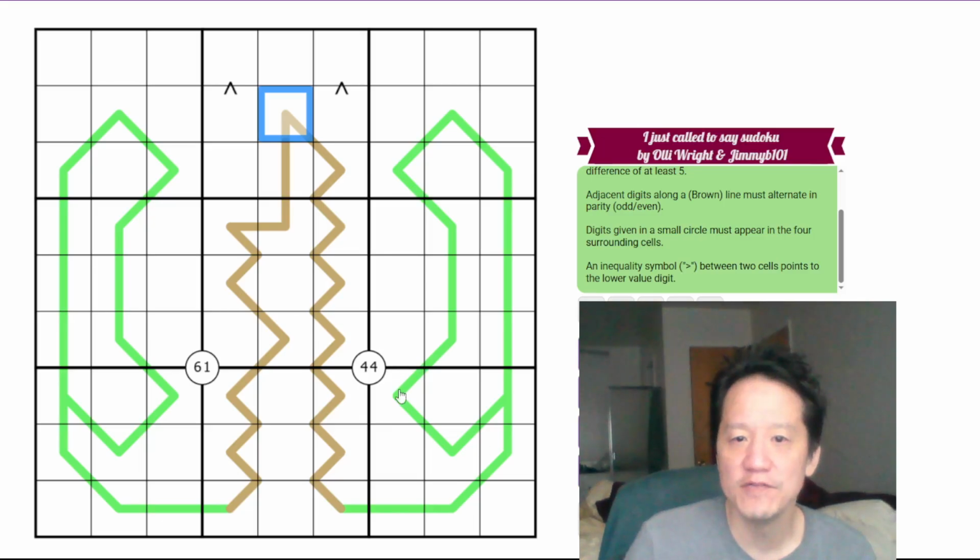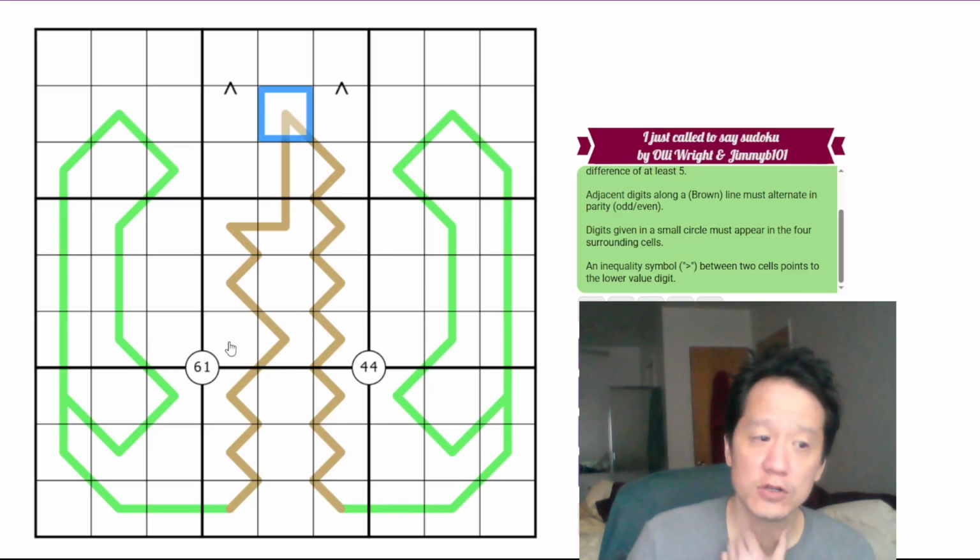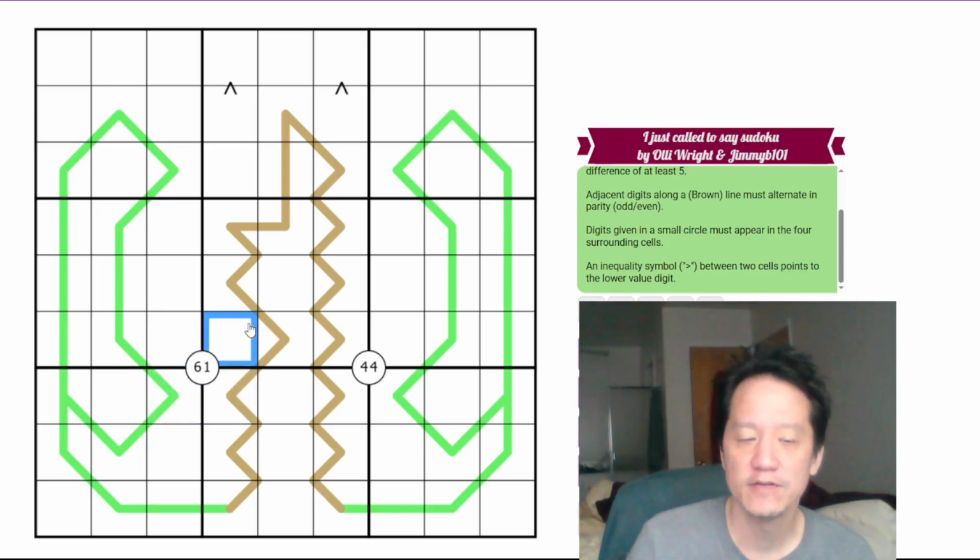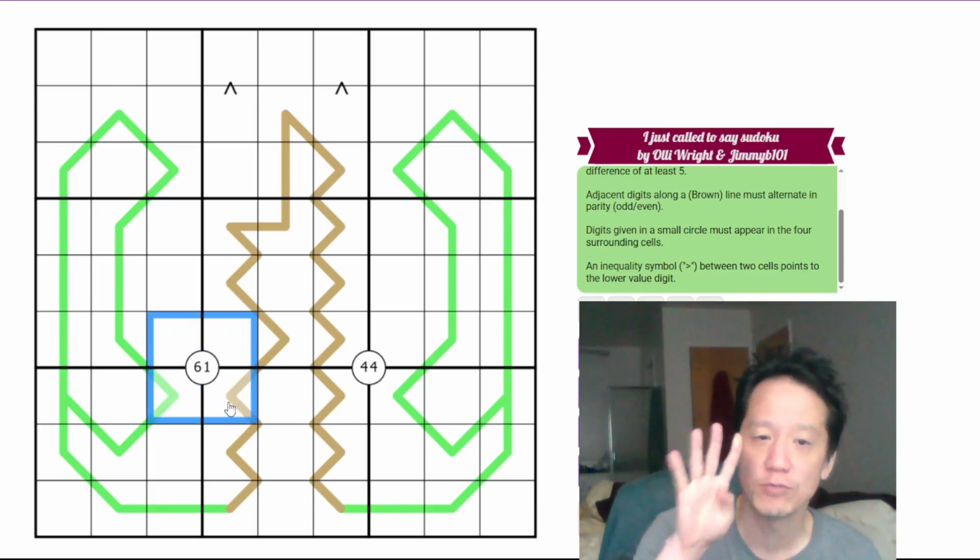We also have digits given in a small circle must appear in the 4 surrounding cells. So these are called quad clues or quadruple circles or quadruple clues. For example, this quad clue must have a 6 and a 1 in the 4 surrounding cells around it.